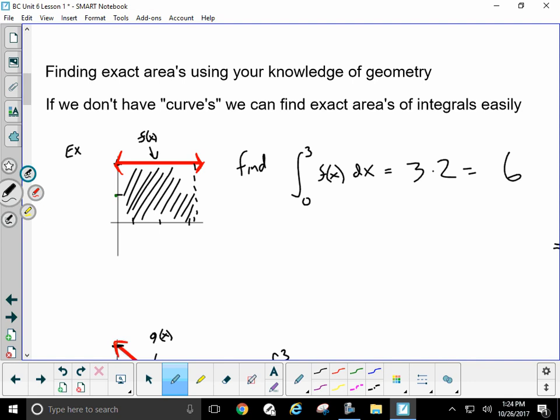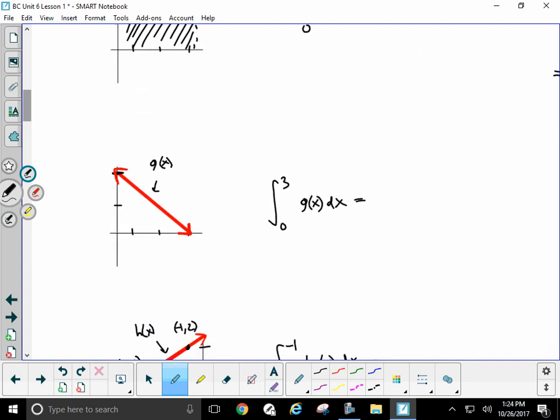The second one, I can find this. This is something I can do. It's a triangle, right? From 0 to 3. 1/2 base times height, I can do this. This is 3.